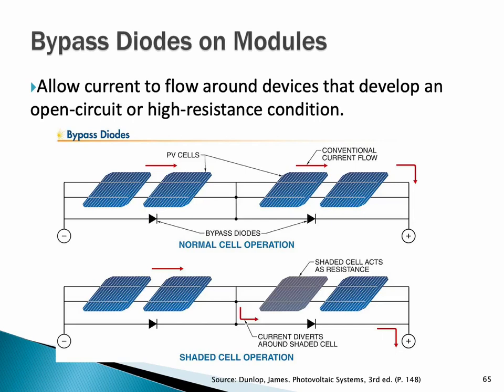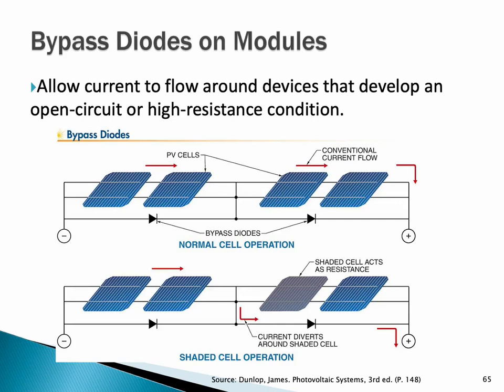When we have shading, that's resistance. In the first cell group, things are operating normally, running through the grid, it hits the resistance and takes this alternate route. It can't go backwards because this is a blocking diode, it can only go one direction. So current will take the path of least resistance and go through the bypass diode and continue on through the system.